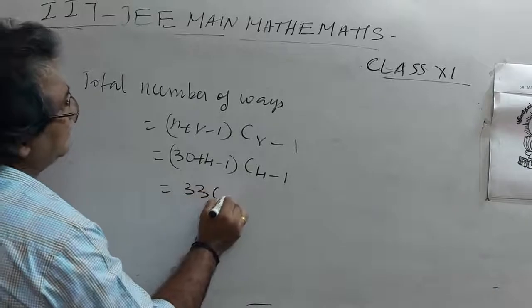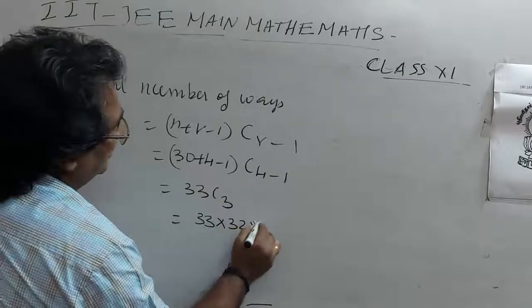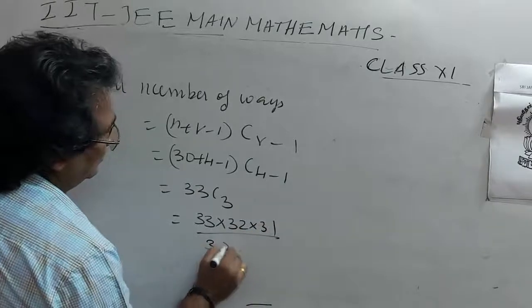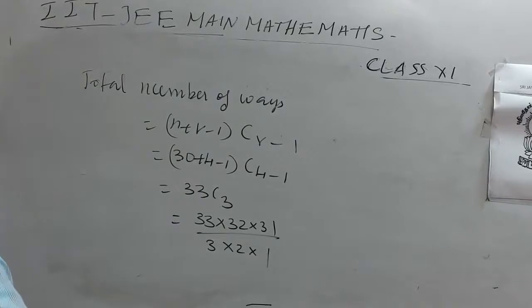So 33C3, 33 into 32 into 31 by 3 into 2 into 1.